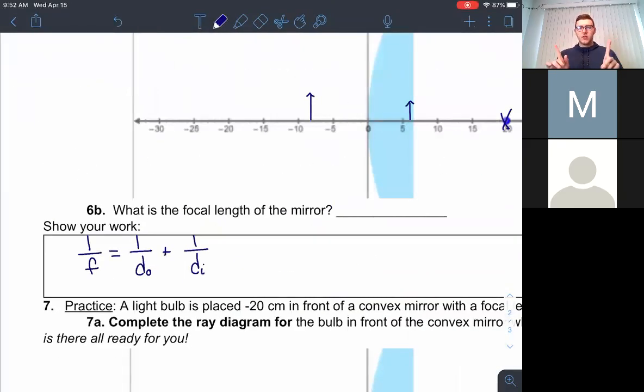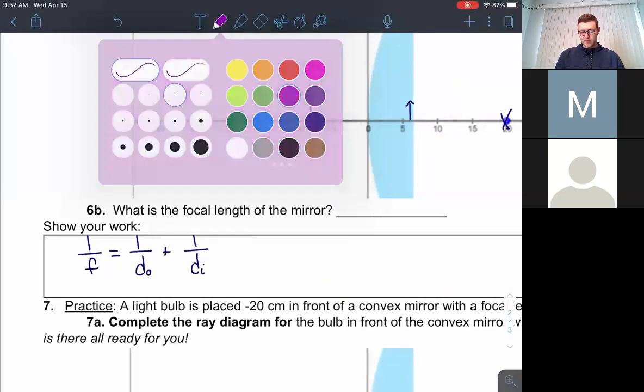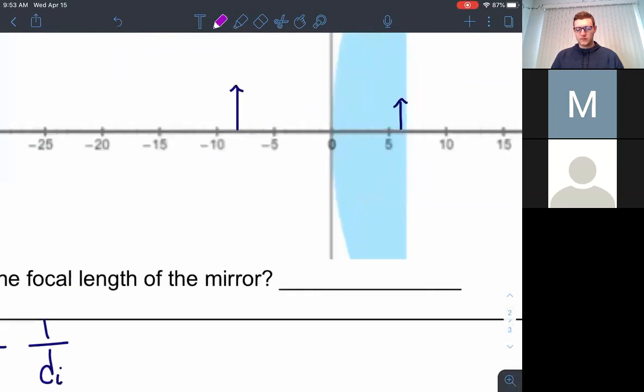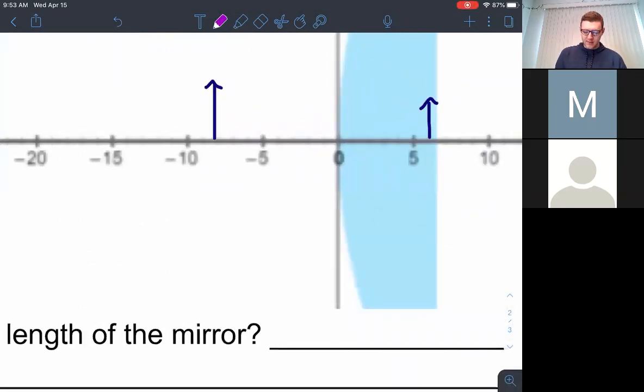And then DO, do you remember what we said DO was, or where to find DO? I think you were both saying right here, right?